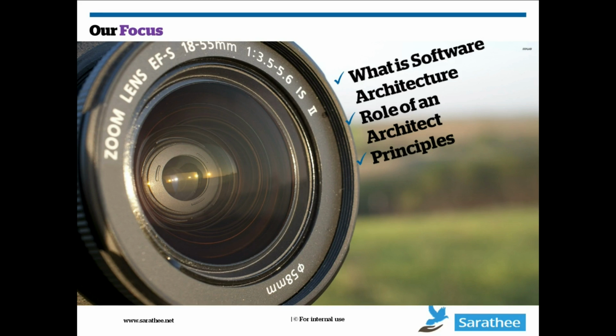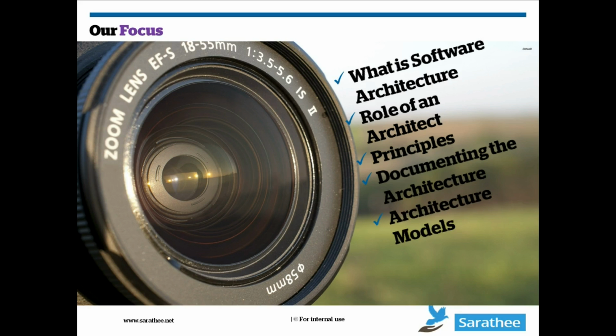Then we cover some basic principles of software architecture. This is a strategy around which you define your software architecture. Then we cover some of the critical elements which a software architect has to document, and what are the different tools and documents which we need to produce for the project delivery.